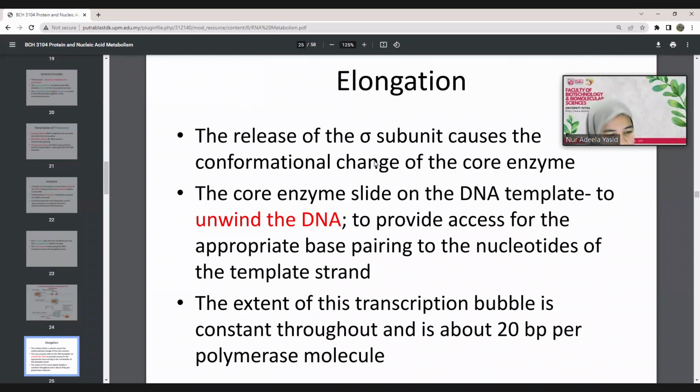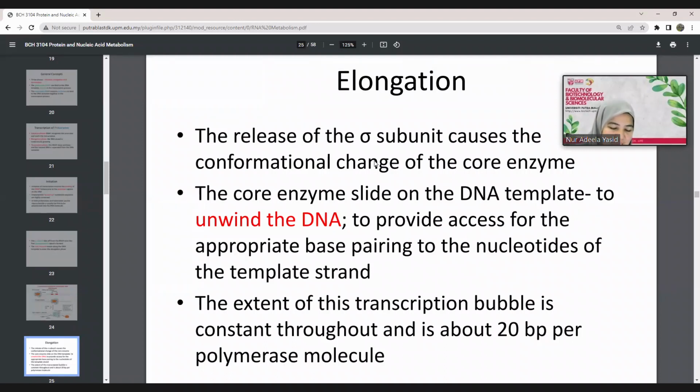The release of the sigma subunit causes a conformational change of the core enzyme. What does it mean by that? Basically, the elongation process begins with the release of the sigma subunit from the polymerase enzyme. The dissociation of the sigma factor allows the core enzyme to proceed along the DNA template.